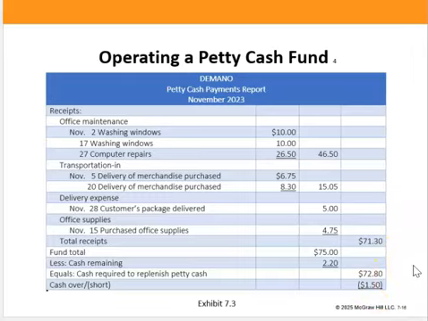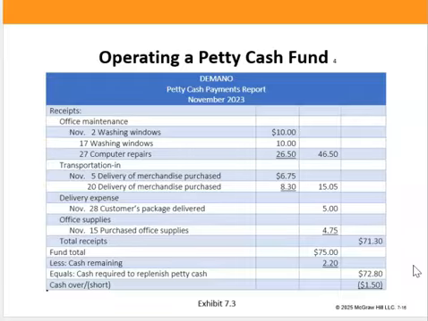So we've added up the receipts and we've categorized them. The reason we categorize them is, again, because we need to make a journal entry. We have office maintenance, transportation in, delivery expense, and office supplies.